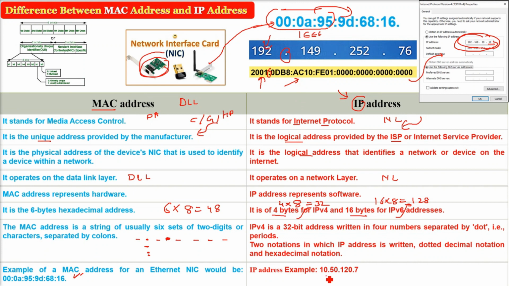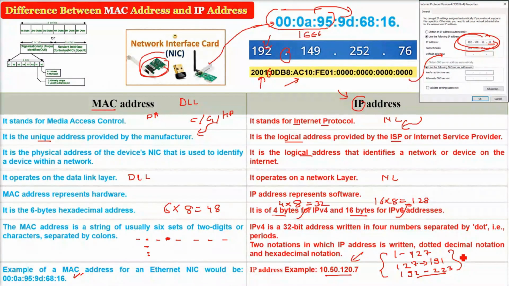IP address, this is an example of class A. In classful addressing, 1 to 127 is class A, 128 to 191 is class B, and 192 till 223 is class C. Class D and class E also have ranges, where class D is used for multicasting and class E is for future research.